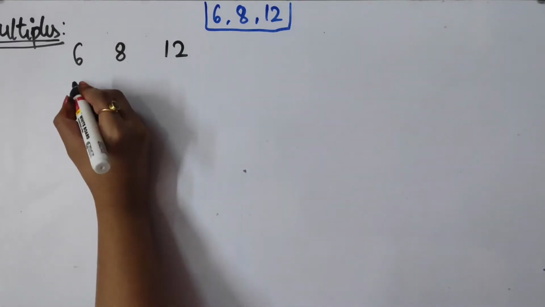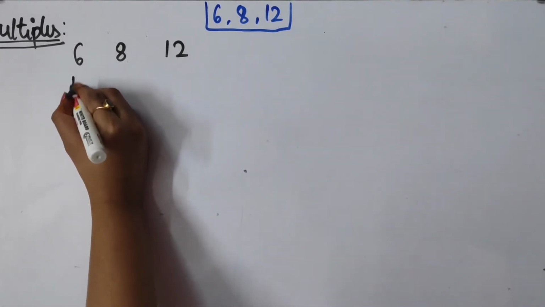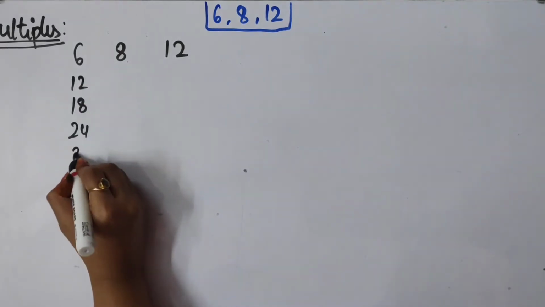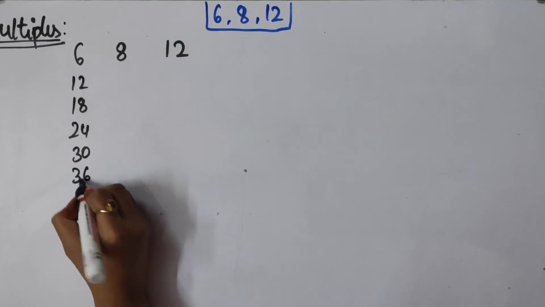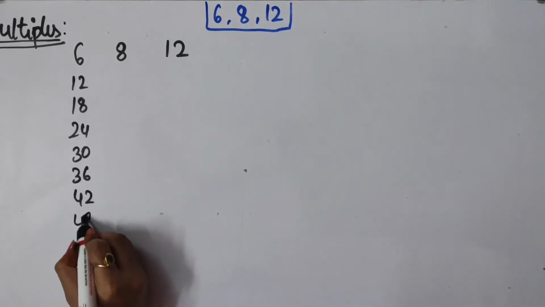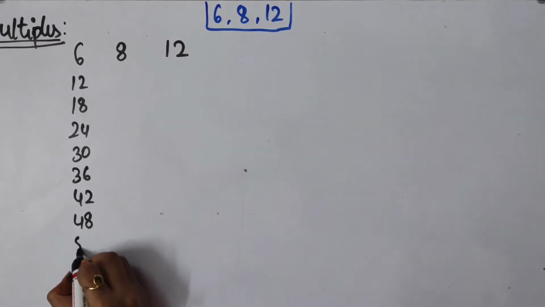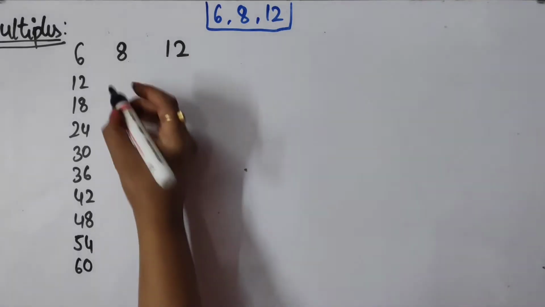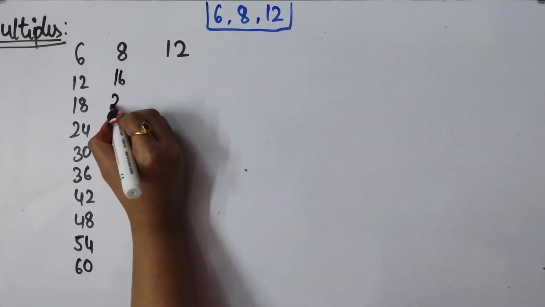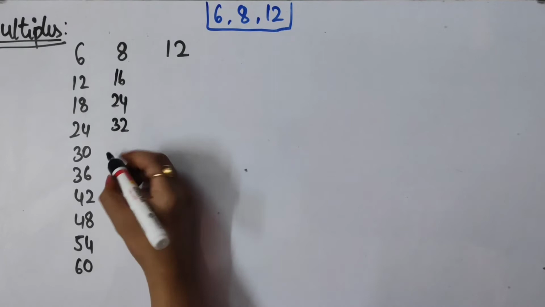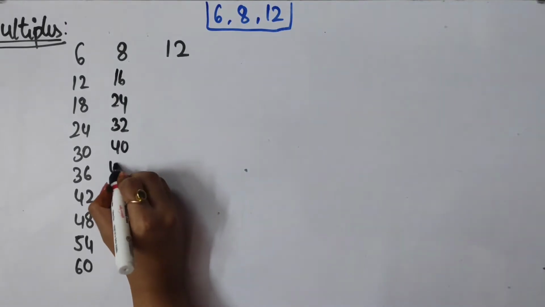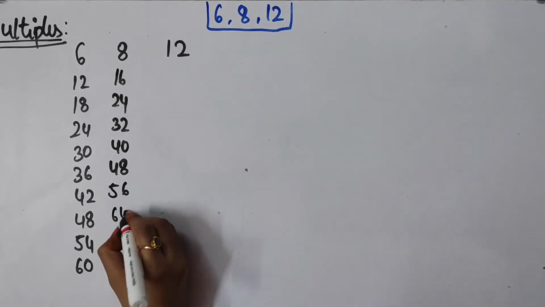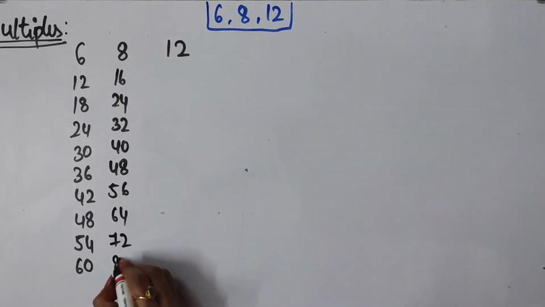I'm going to write the 6 table because multiples and table are the same. 6 ones are 6, 6 twos are 12, 6 threes are 18, 24, 30, 36, 42, 48, and then 54, 60. 8 twos are 16, 24, 32, 40, 48, then 56, 64, 72, 80.